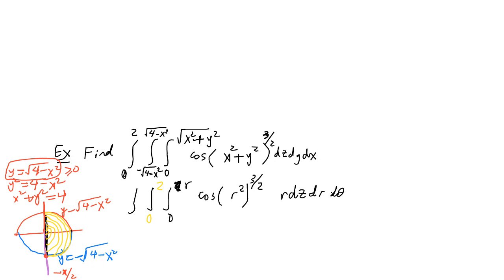Yes, from minus pi over 2 to pi over 2. And now you can start evaluating the integral. The first integral is dz. There's no need for this expression, so you can take it out of the integral.